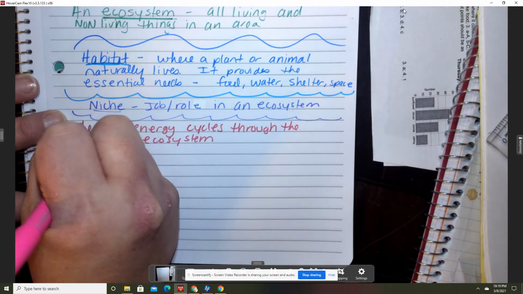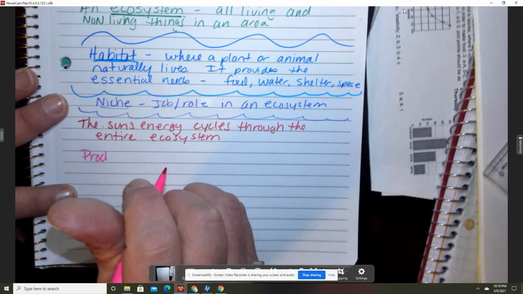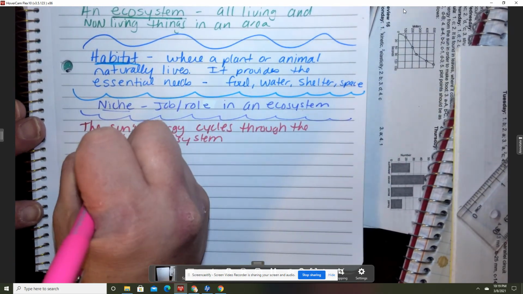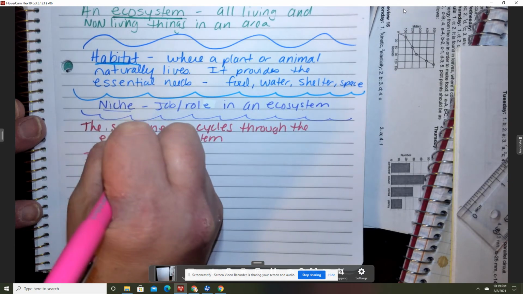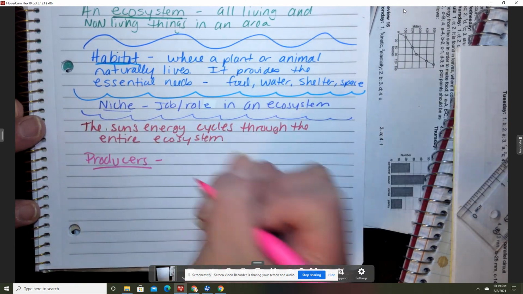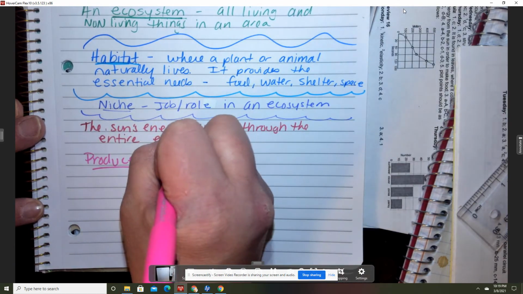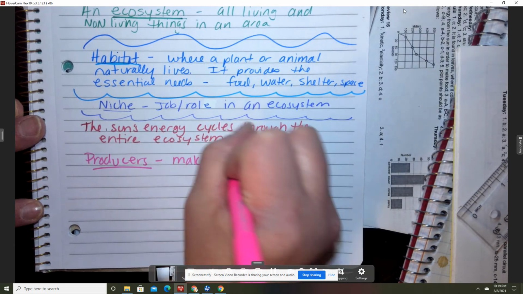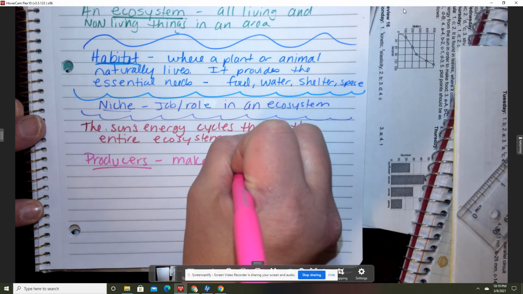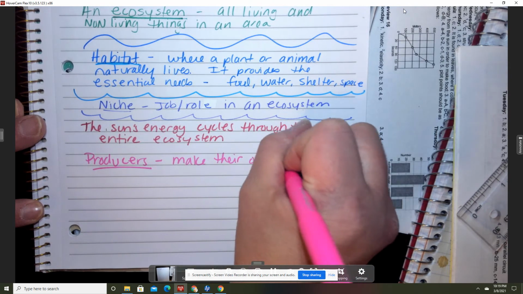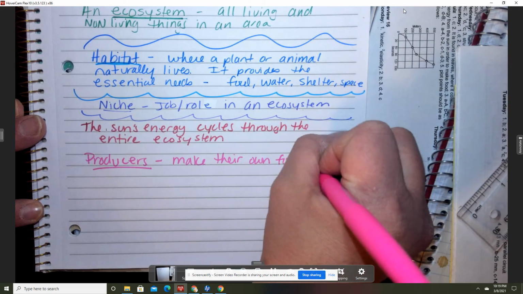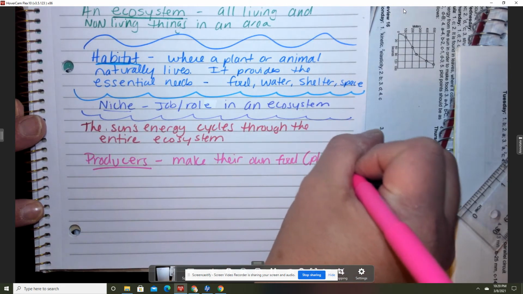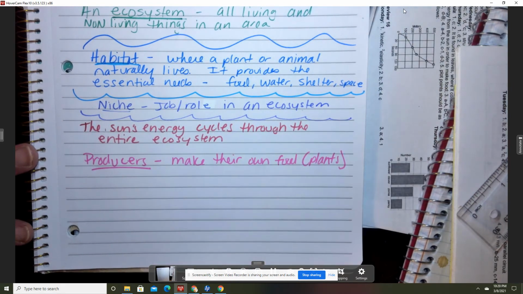So producers, and you guys know what these are. Producers make their own food. So that would have to be plants. Right? Plants are the only thing that can make their own food internally.